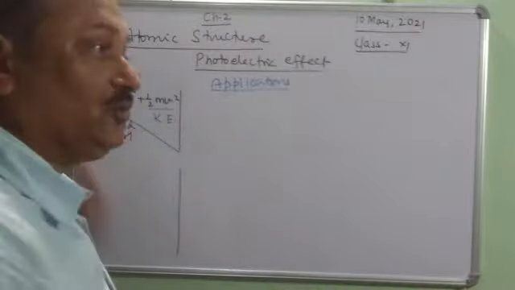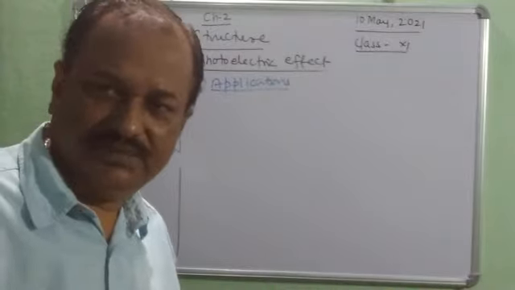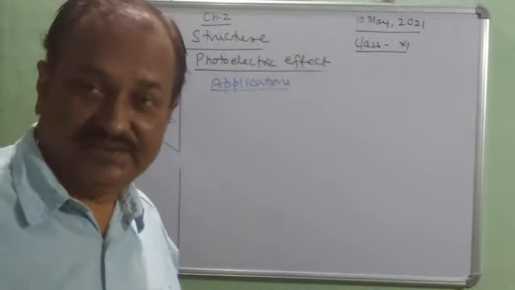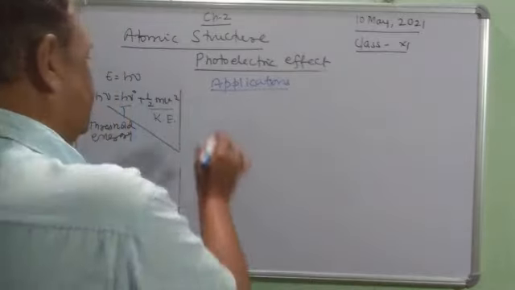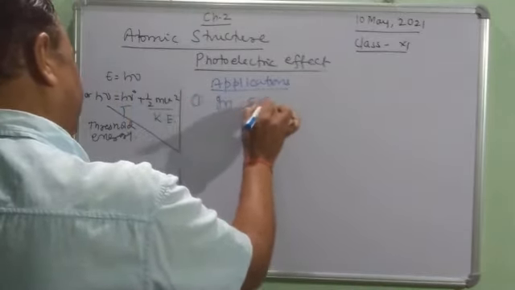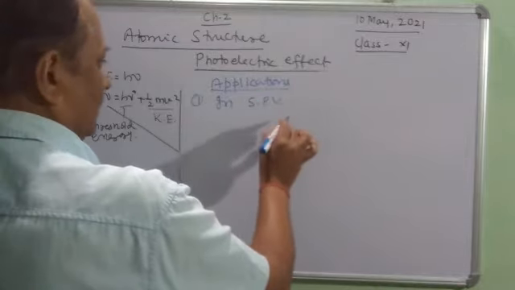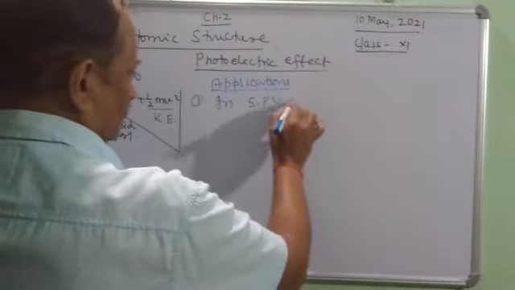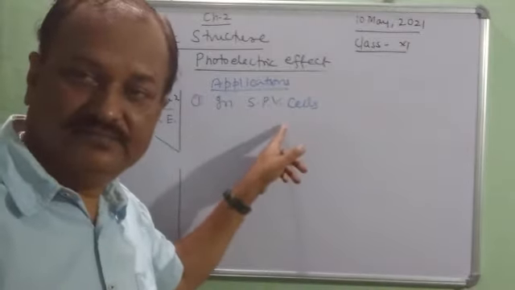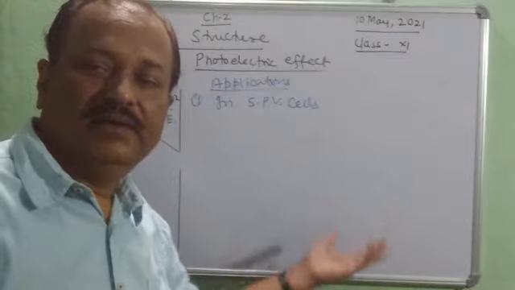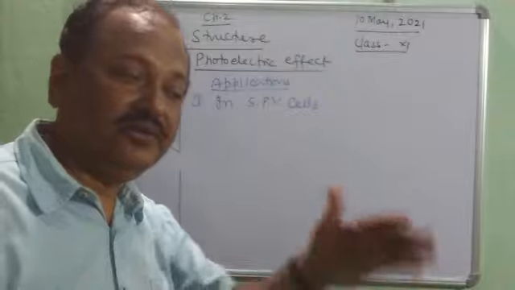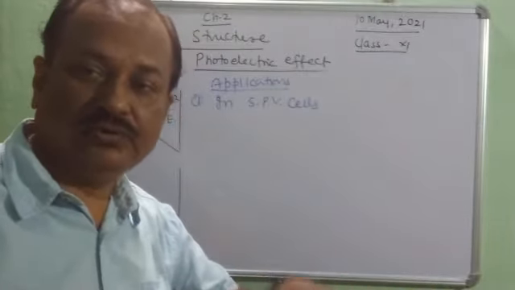Applications of photoelectric effect, and you all are aware of solar cells or solar energy. So first is, of course, in SPV, solar photovoltaic cells, or you can say in generation of electricity by allowing the sunlight to fall on the solar photovoltaic cells.